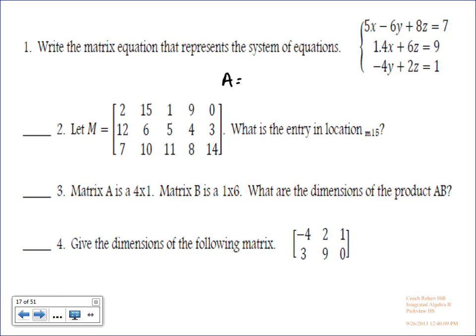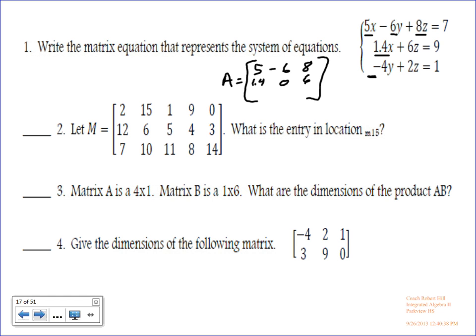Guys, take and write the matrix, and you'd write it from your coefficients. So just get your coefficients, 5, negative 6, 8. Look, x is 1.4. The y term is missing. Since the y term is missing, write a 0. Look, the z term, 6. Look, something's missing.